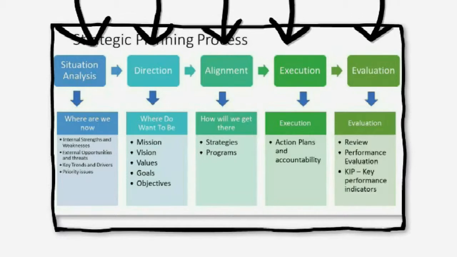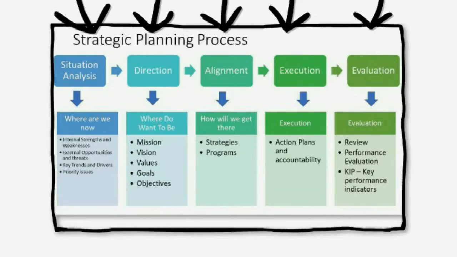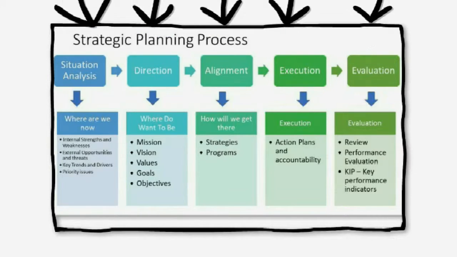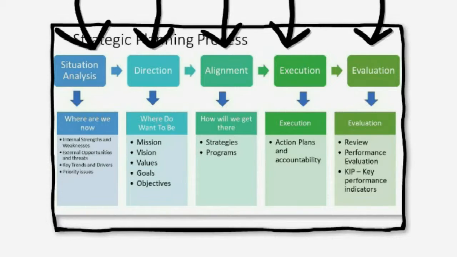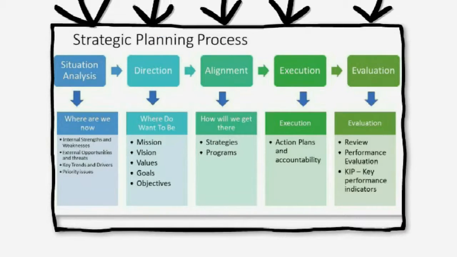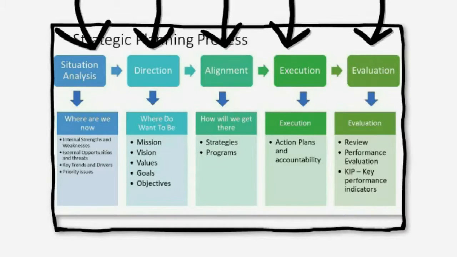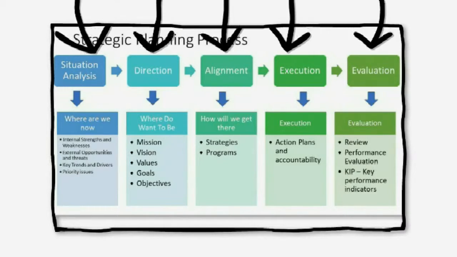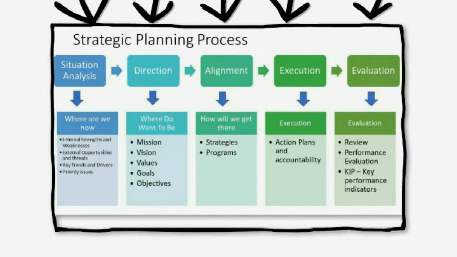Next is direction. Here we compare the actual situation and the situation where we want to be. According to that we set our mission, vision, values, goals and objectives. And then the alignment.